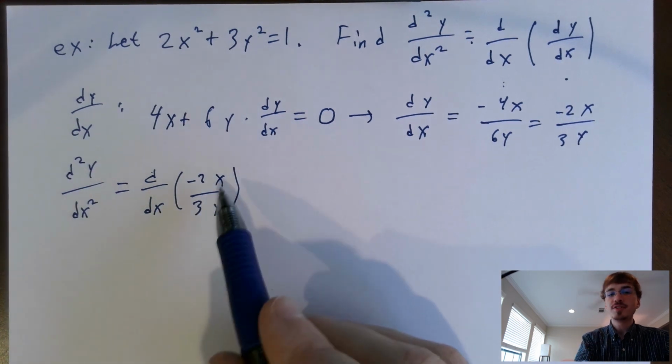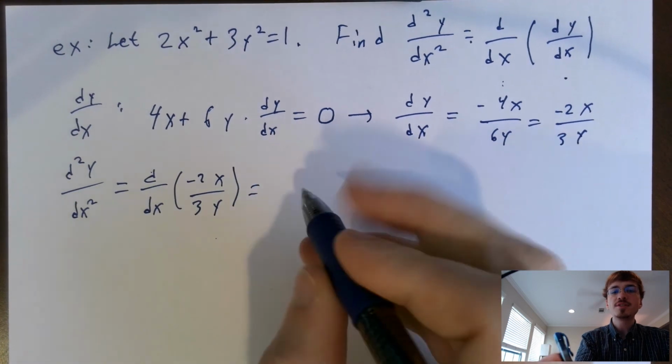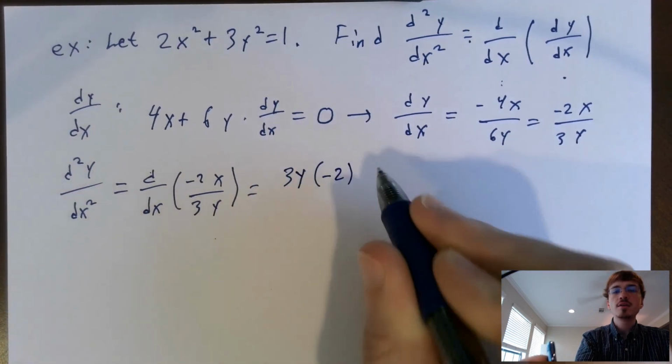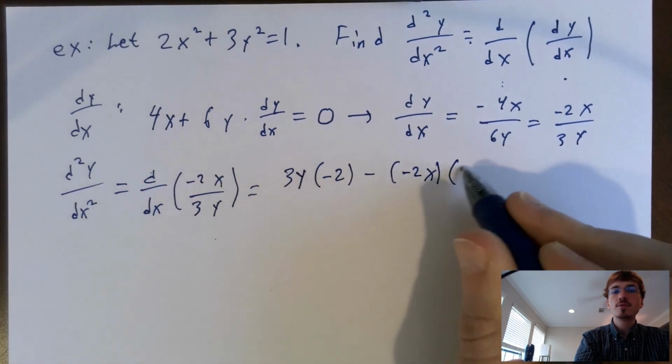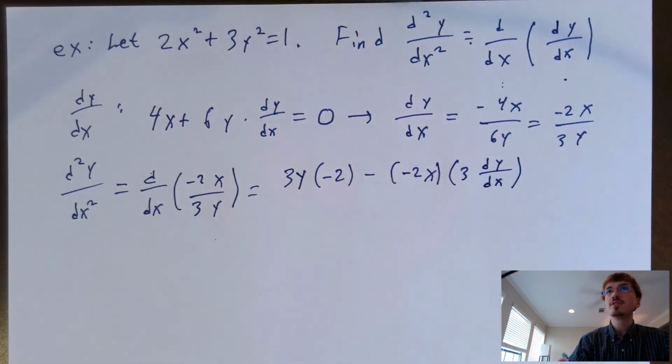All right, so first I see a quotient of two functions. Let's use the quotient rule. So I see that this is going to be low d high minus high d low. And what's the derivative of y with respect to x? It's just dy/dx.